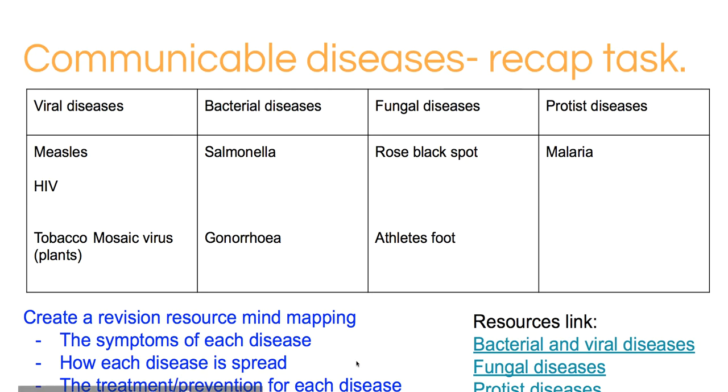And you have over here some links to resources to help you do this. So pause, make your revision resource mind map for about 15 minutes, and then start the video again.